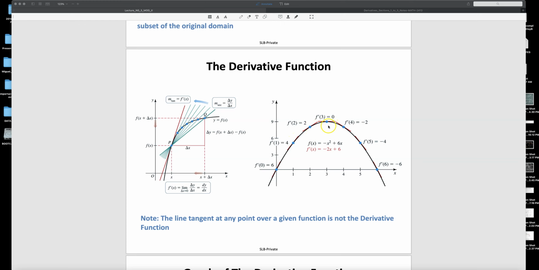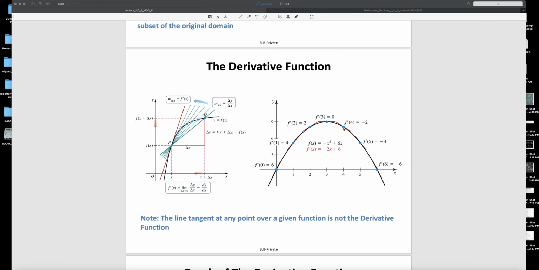Okay? So if we go to the other part of the quadratic function, let's say from 3 to 6, we see that the black curve is decreasing in value. As the values of the independent variable are increasing, the function is decreasing. And you can see here the slope of the corresponding tangent line at these points. What are the slopes?